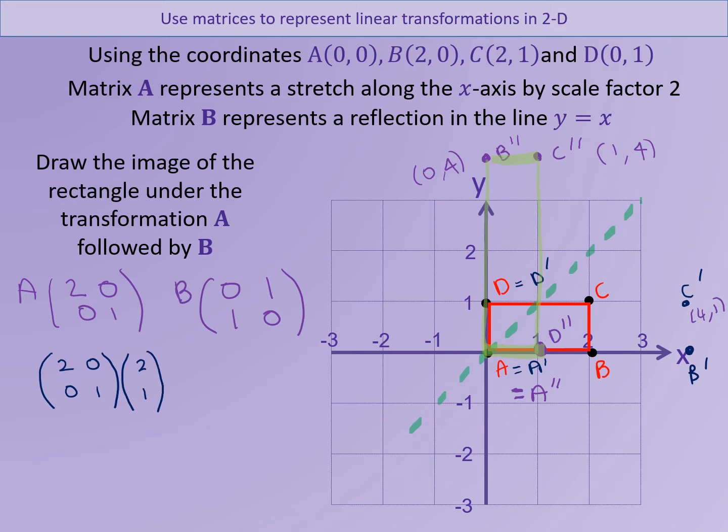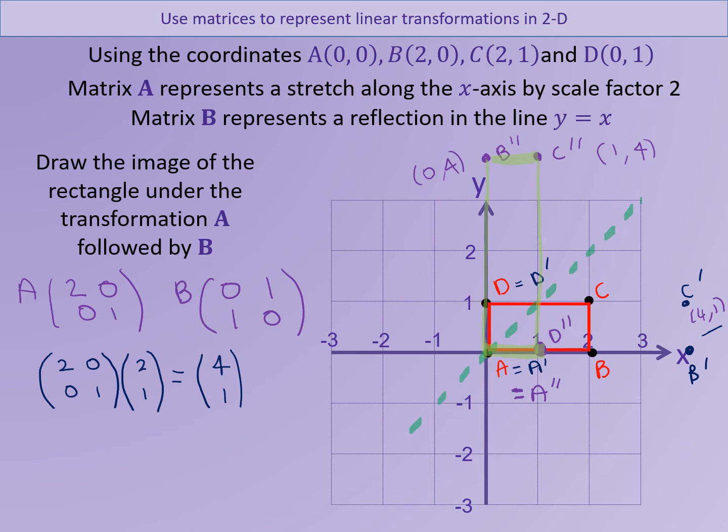We transformed that coordinate under the transformation of A. Now on our diagram, we can already see that this coordinate is (4, 1) over here as C prime. But let's just double check as we go through. So that would be 2 times 2 is 4, and the last one there is 1.